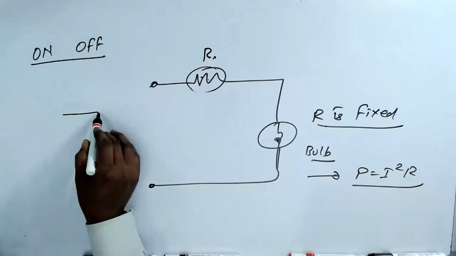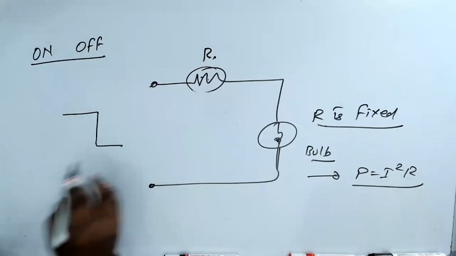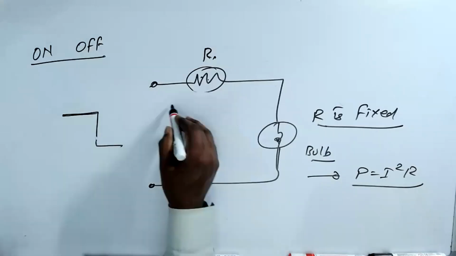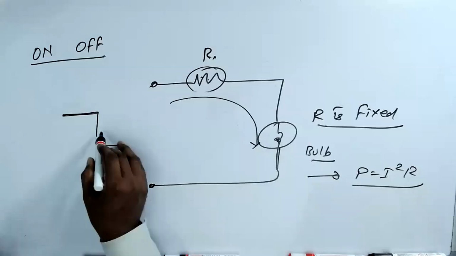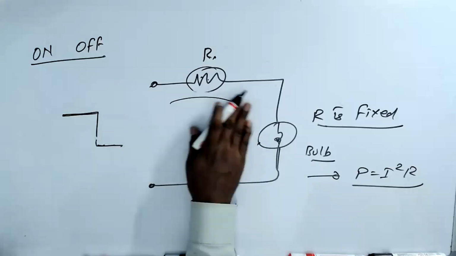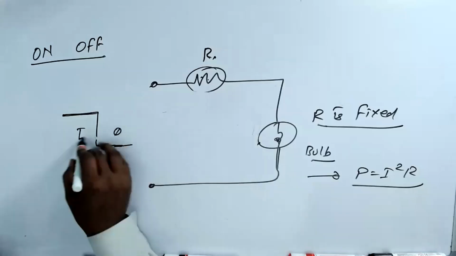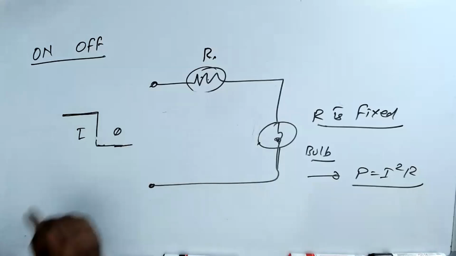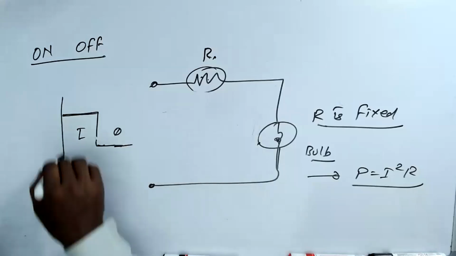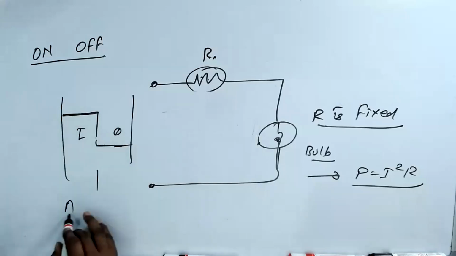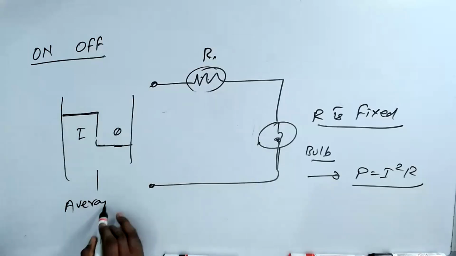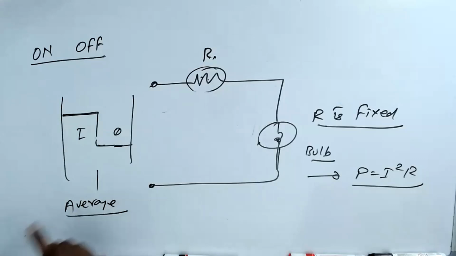When there is on, the current is going to flow. When there is off, no current, zero current. This is I. So what we do here is, we will take the average current. So here is zero current, because it's zero.